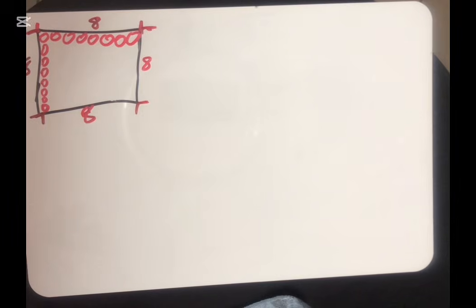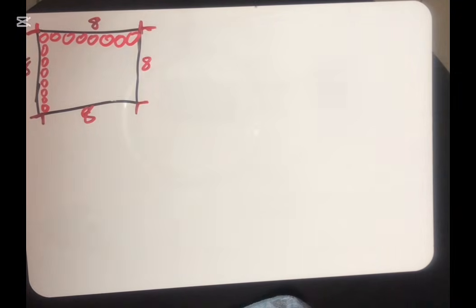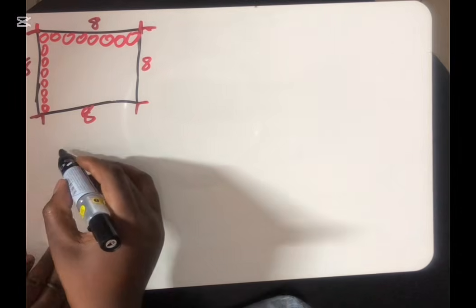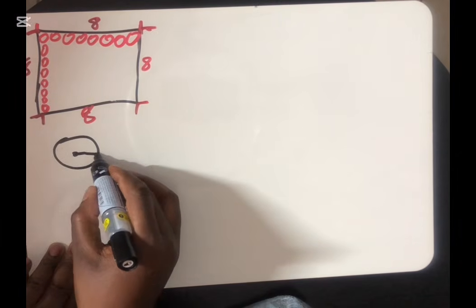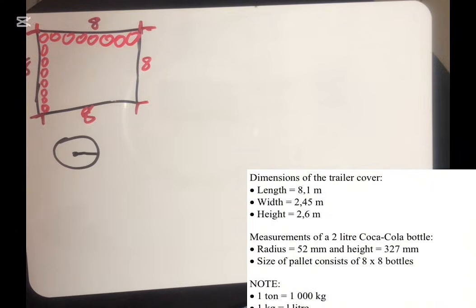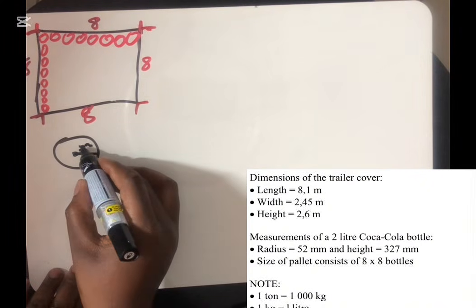So we have this dimension. The only thing that we need to do is to understand that we must be able to get the length and the width of this. And because it's 8 by 8, we can tell this is a square. The length and the width is the same. We are given this radius as 52 millimeters, meaning that here is 52.